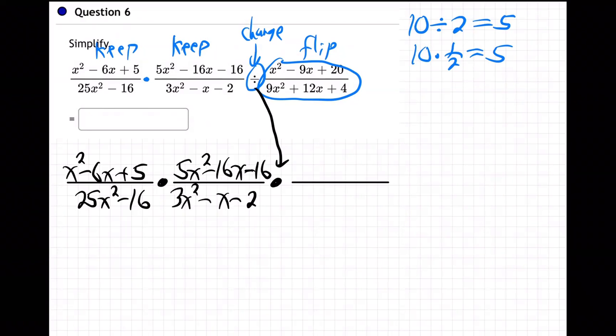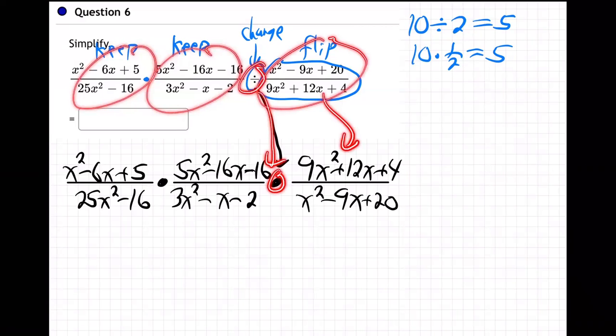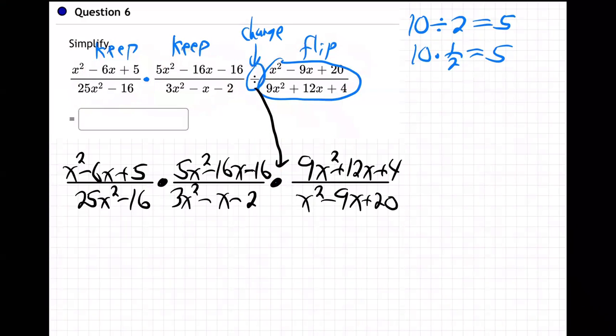And then you flip the one on the right. Okay, so I flipped the one on the right. So keep, change, flip. Change to multiplication and flip the fraction on the right. That's what we always do. The fraction after divide, we flip.